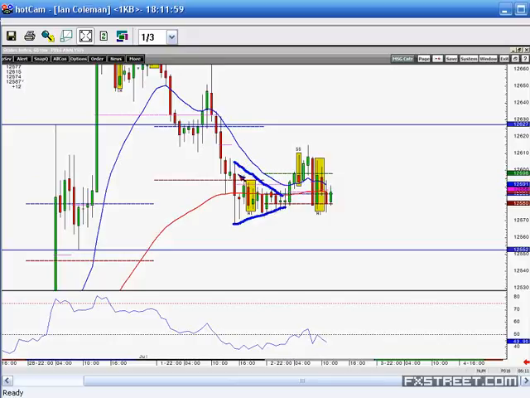A symmetrical triangle formation after a strong move down has a bias to break to the downside, but it's only a slight bias. Then we break and we move higher. So why did we pause or reject this high this morning?